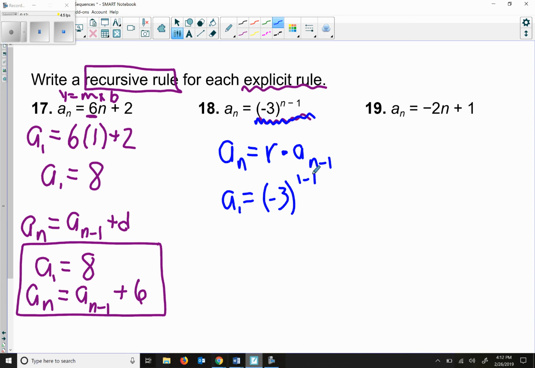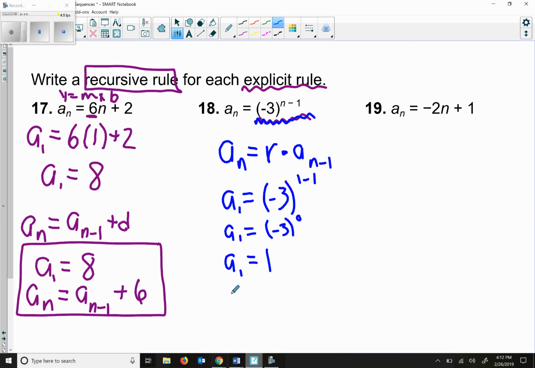Now this is a property of exponents, you guys. If I take 1 minus 1, that exponent's going to turn into 0. So that's going to be negative 3 to the 0 power. Anything to the 0 power is? Okay, hopefully you guys were able to finish that. Anything to the 0 power, remember, is just 1. So A sub 1 is actually just going to be 1 for us.